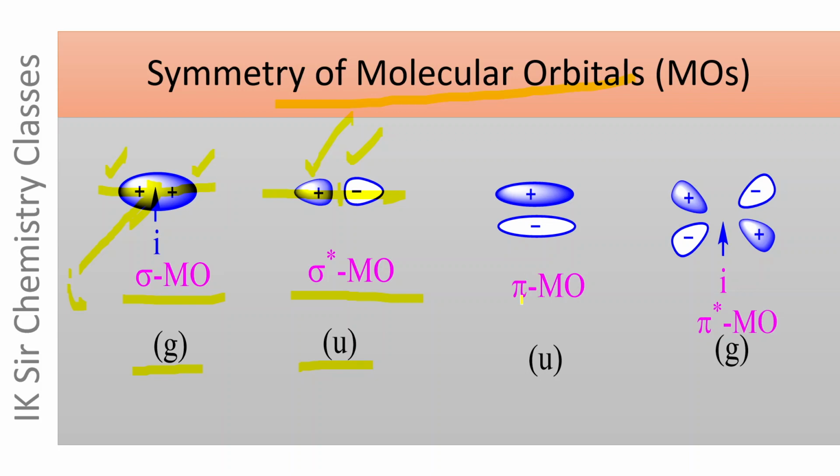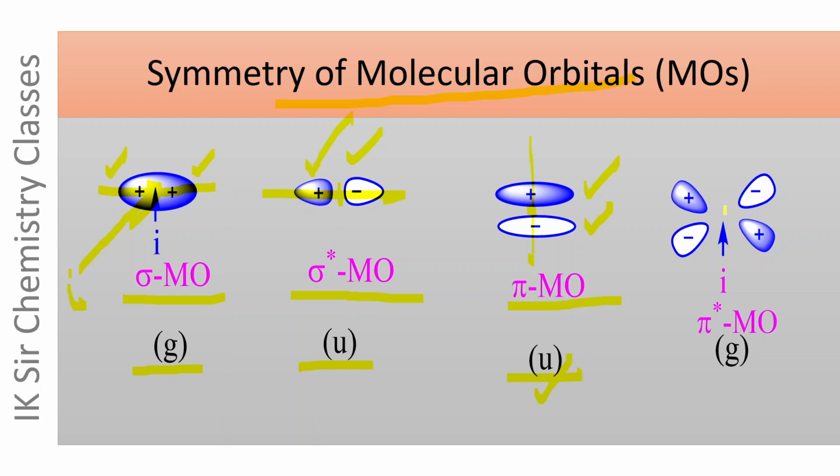On the other hand, pi molecular orbital is ungerade because if we draw a line in this direction, we get different lobes on both the sides of this point. Therefore, pi bonding MO is ungerade. And what about pi anti-bonding MO?